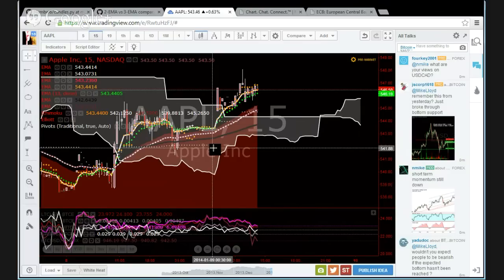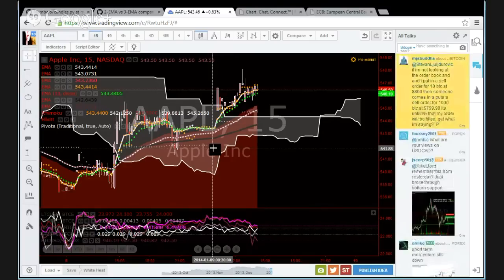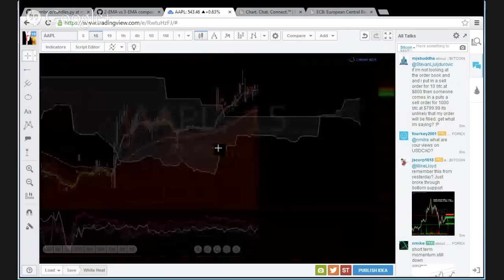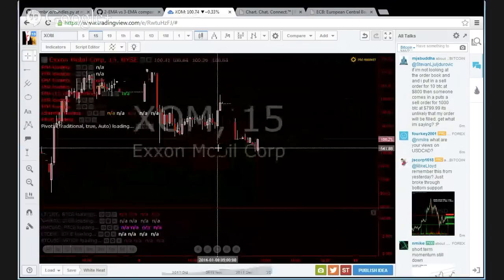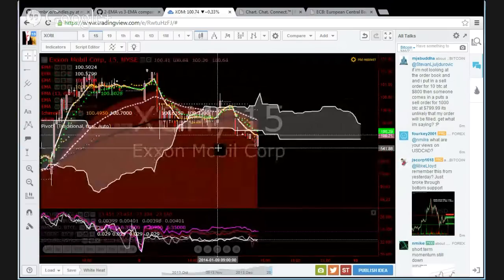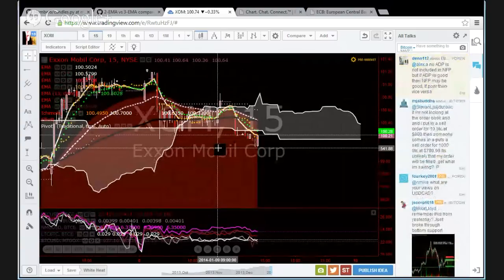Those are my empty cards for more stuff. Looking for our trending tickers from the beginning of the year. So we have Apple, we have XOM, and we have 4 minutes to go for the open. There's your XOM on the 15-minute, trading down 0.33%.